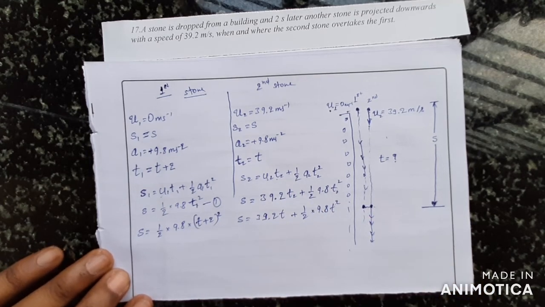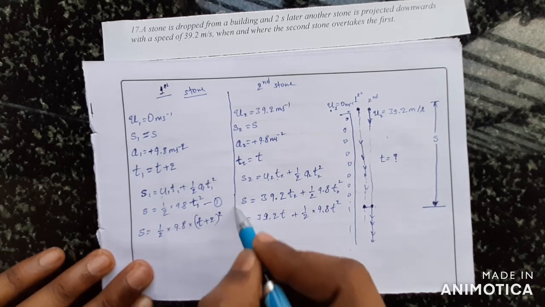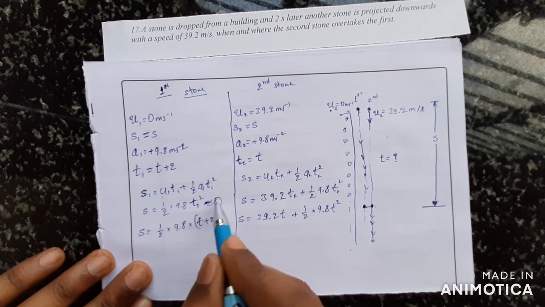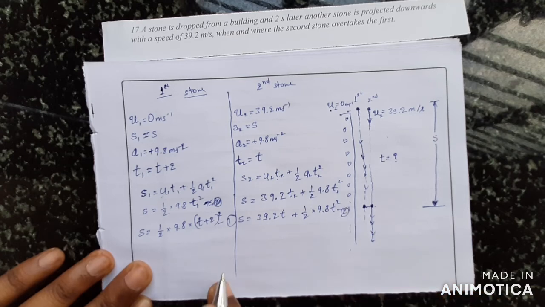So now we have a bit complex equation, but not that difficult. It's all about your mathematical skills. You can solve it, right? I'll take this as equation 1, this as equation 2.